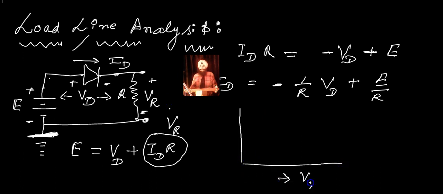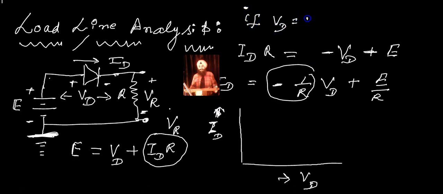So we are going to draw a load line. How? For the load line, we'll draw a graph between VD versus ID, voltage across the diode and ID. So this is a negative slope. Now first of all, if VD equals 0, we are coming along this side, VD decreasing, and here VD becomes 0.